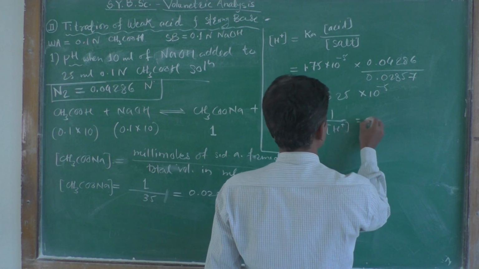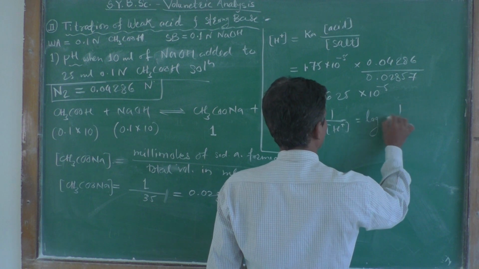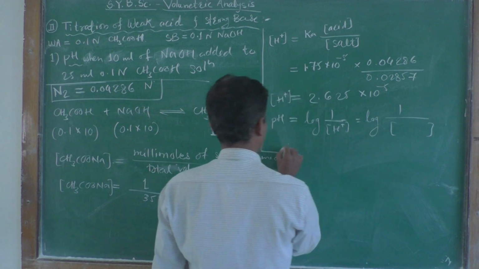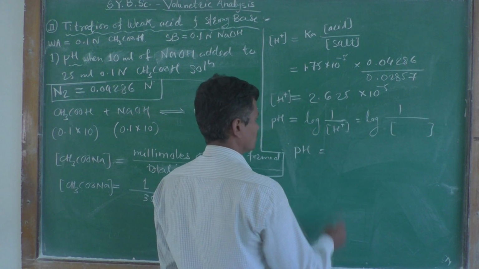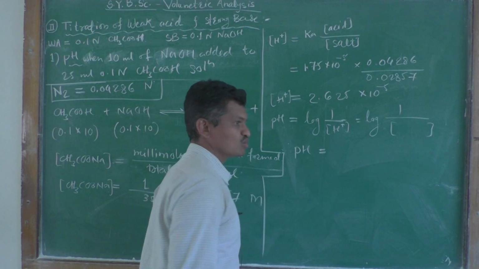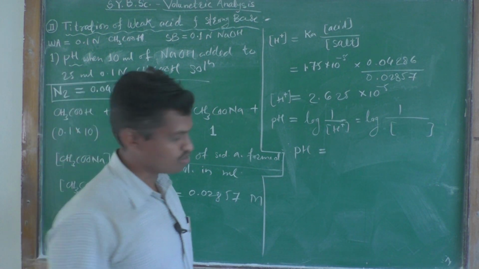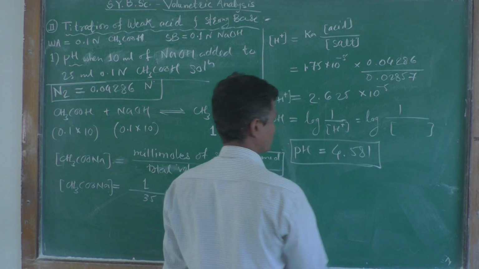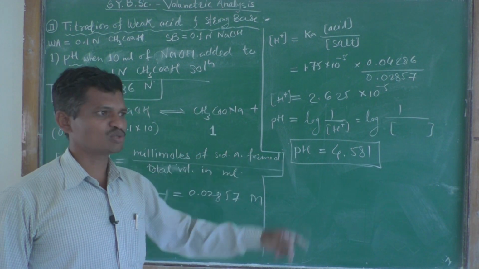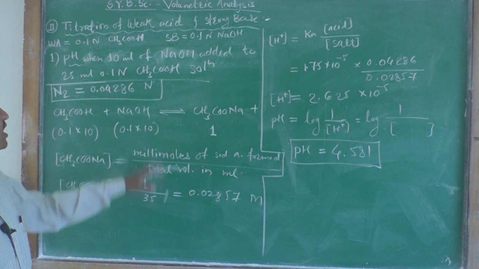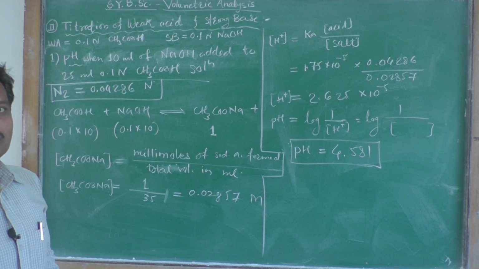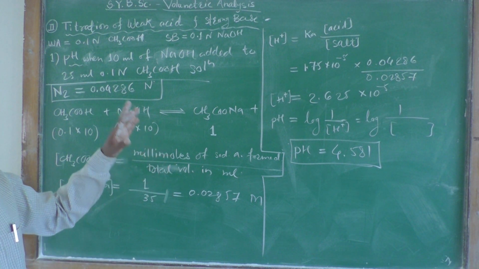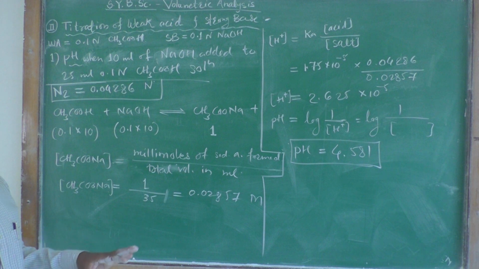It is equal to log of 1 upon this figure, and the pH of this solution becomes 4.581. So this is the pH of the solution after adding 10 ml of strong base NaOH from the burette. So this is the way that we have to calculate the pH of the solution.